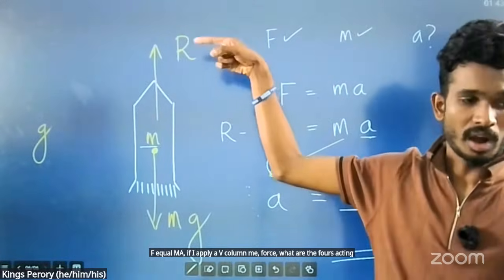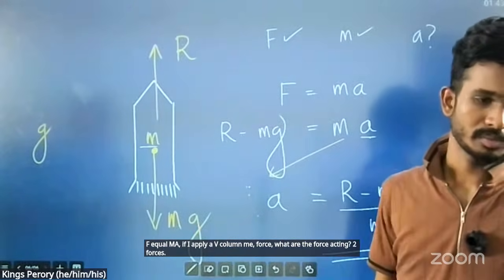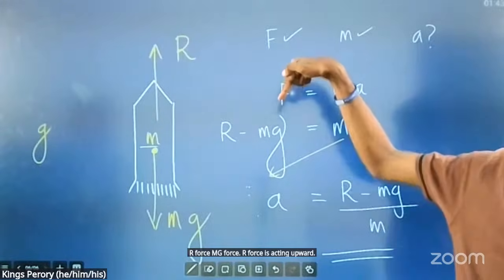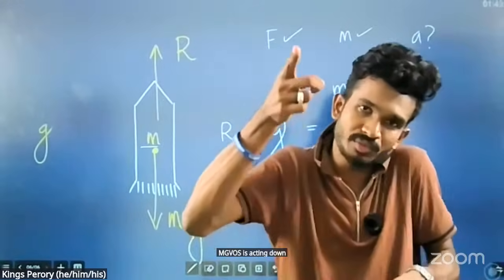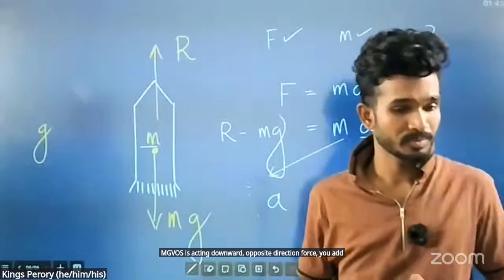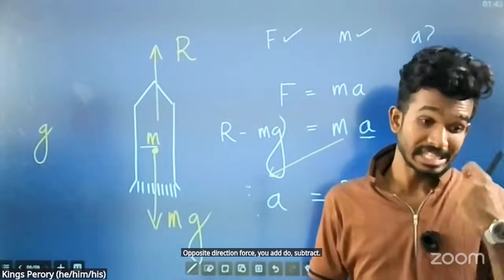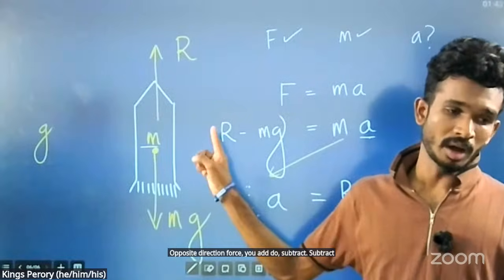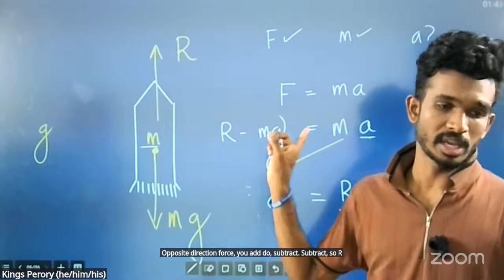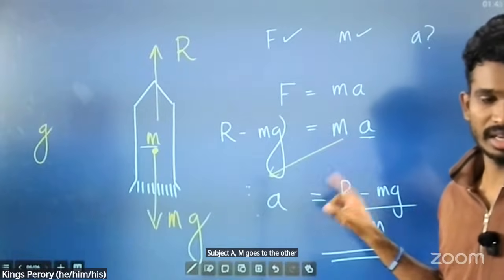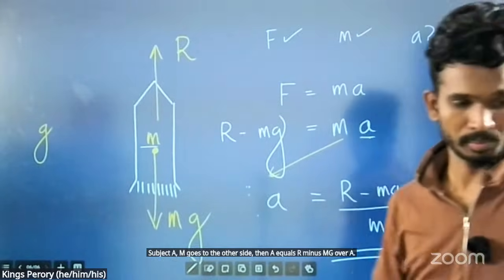Two forces. R force, mg force. R force is acting upward, mg force is acting downward. Opposite direction forces, you add or subtract? Subtract. So R minus mg equals ma. Subject a, m goes to the other side. Then a equals R minus mg over m.